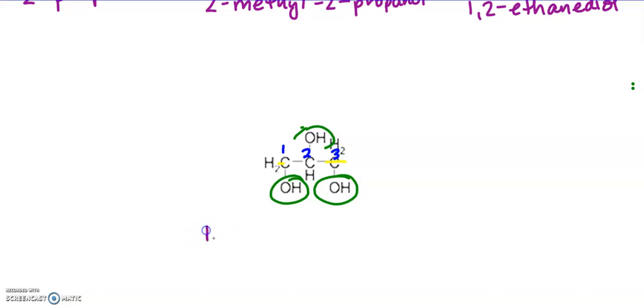So I have 1, 2, 3 for my alcohol groups. I have 3 carbons, so propane with single bonds. And because I have 3 hydroxyls, I'm going to say tri, and then OL for my alcohol, triol. So 1,2,3-propanetriol.